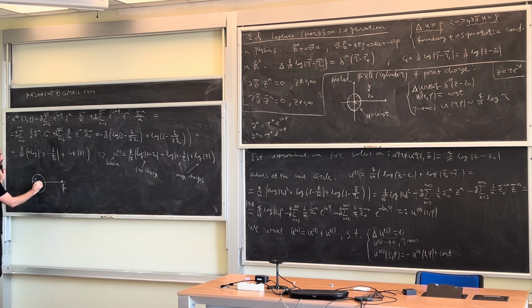One at 0, and it equals minus q. Another equals q, and it is located at the distance 1 over r, if this distance was r.